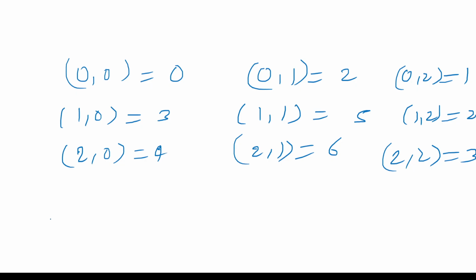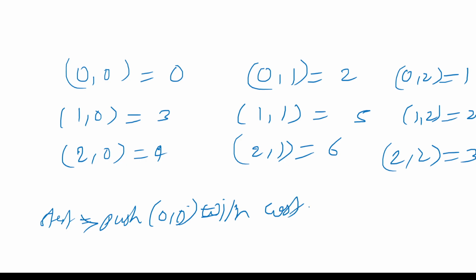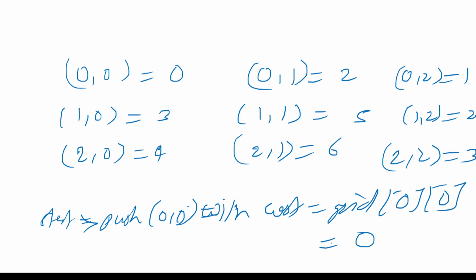So in the starting, we are pushing 0 0 with cost equal to grid at 0 0, which is 0.